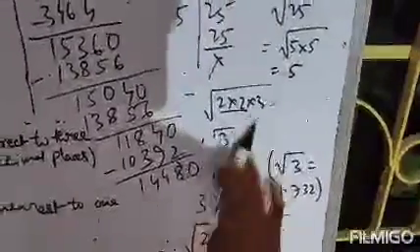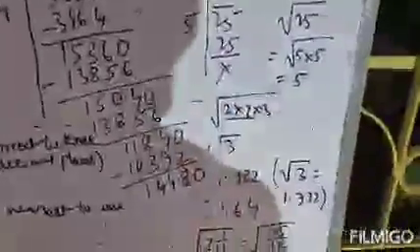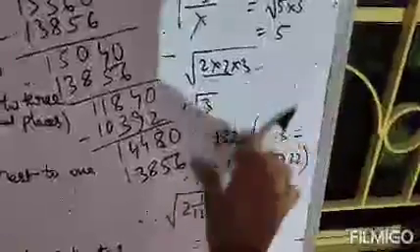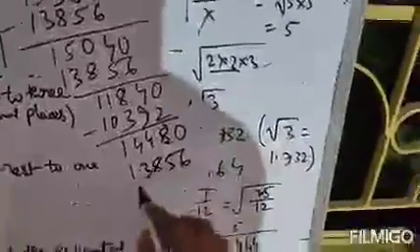Clear? This is 1448. Now only 3 digits are taken, therefore we will take just 1 digit again. So decimal, there is 1 0 will be there. Now do it again by 3, because 3 1464 will give you 13,856. Clear?